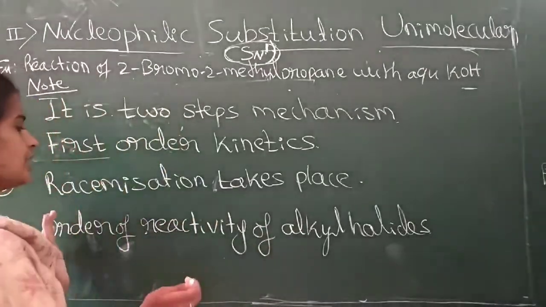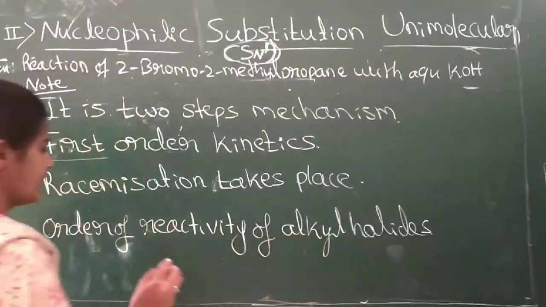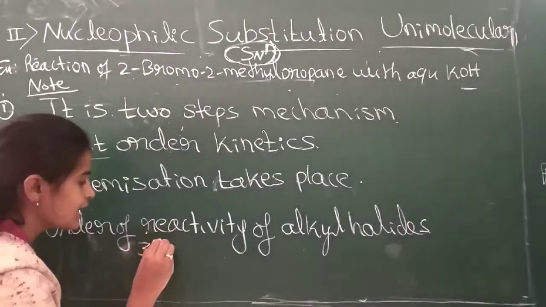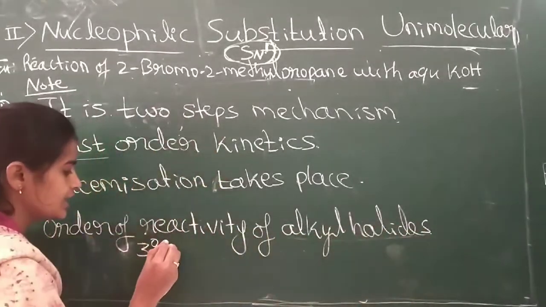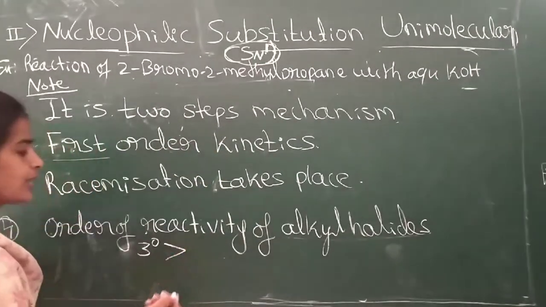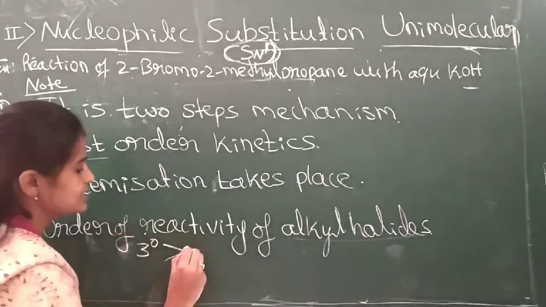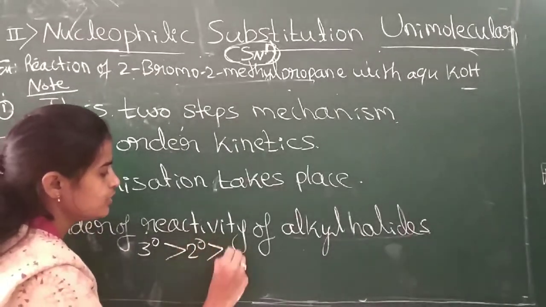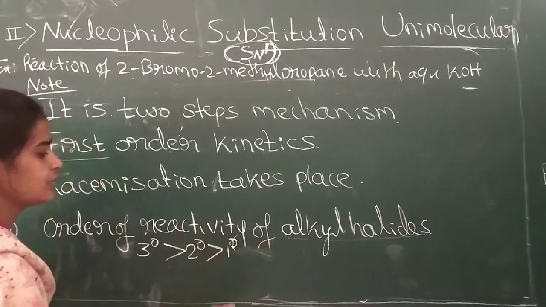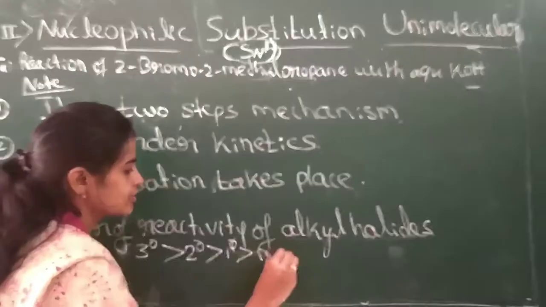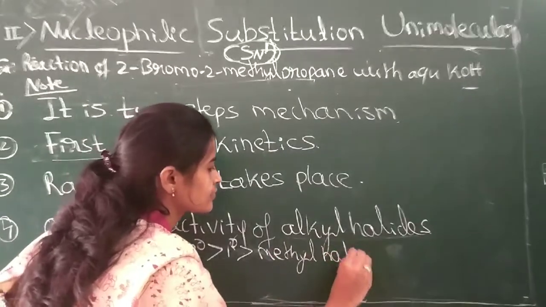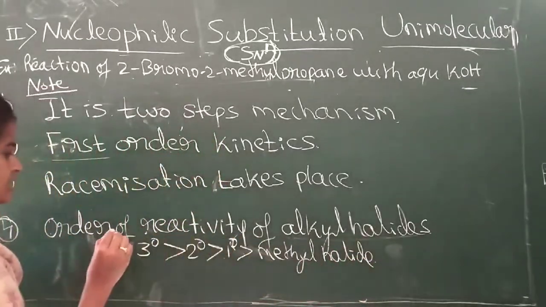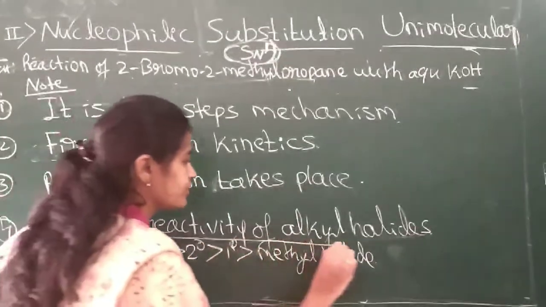Therefore, the order of reactivity of the alkyl halide is tertiary alkyl halides. Tertiary alkyl halides are more likely to undergo the SN1 mechanism compared to secondary, compared to primary, or methyl halide. Okay, this is the order of reactivity.